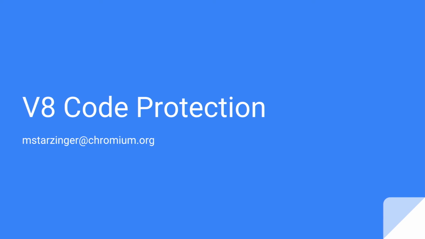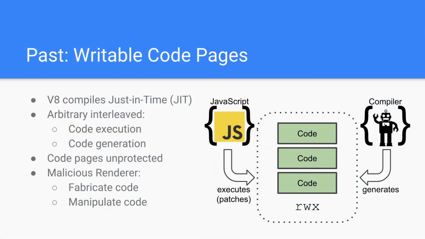I work on V8, and I want to talk about a security feature for protecting our code that we have added recently. Since V8 is generating code just in time, we are in a situation where we interleave arbitrary execution of JavaScript with generation and compilation of new code.